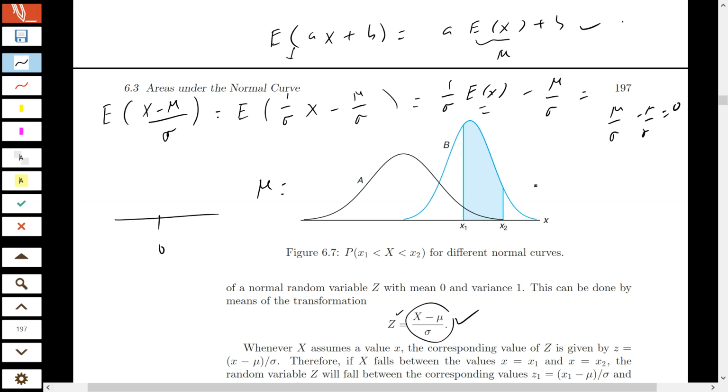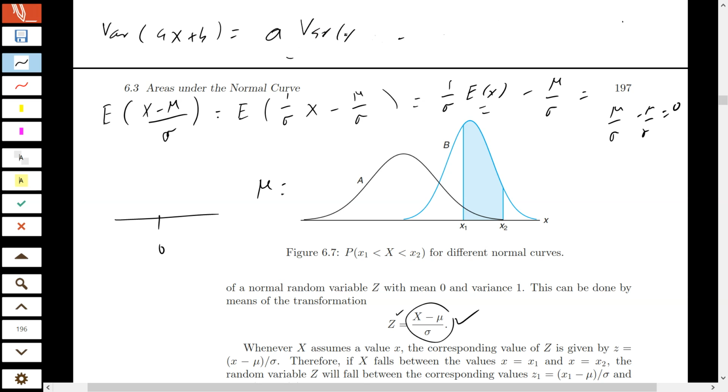And what is the standard deviation? For that too, I have a formula. Let's recall that. What was the variance of ax plus b? I remember it was a squared times the variance of x, and b had no role to play, right?